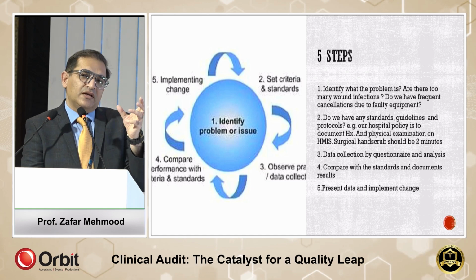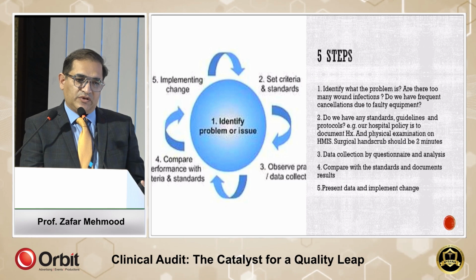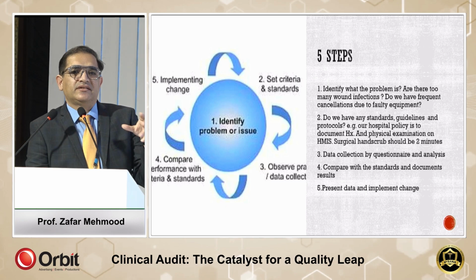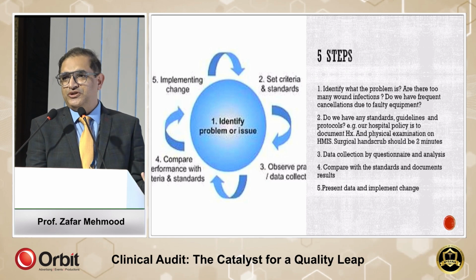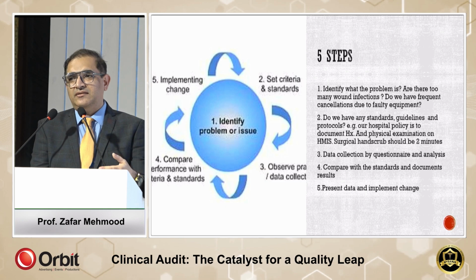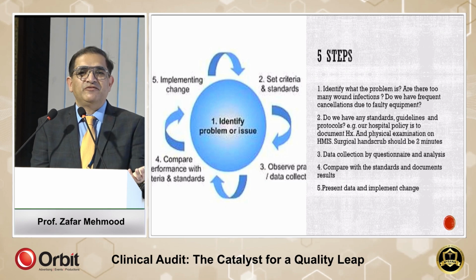So we collect all the data and then we analyze the data, okay? Once we analyze the data, we compare this data to what the standard should be. Obviously the standard is 100%. We should be examining, taking history, and documenting each and every patient.